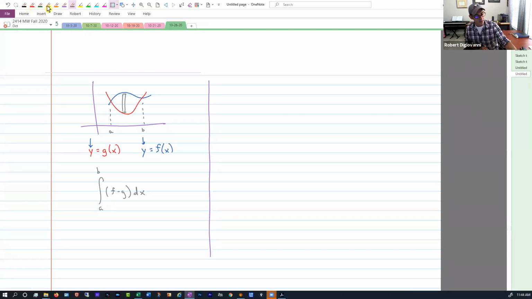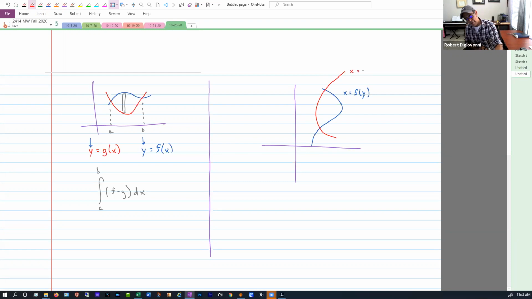The other scenario we could have is where x is some function of y, the blue one. The red one, x, is some other function of y. They intersect, or the endpoints are c and d respectively.